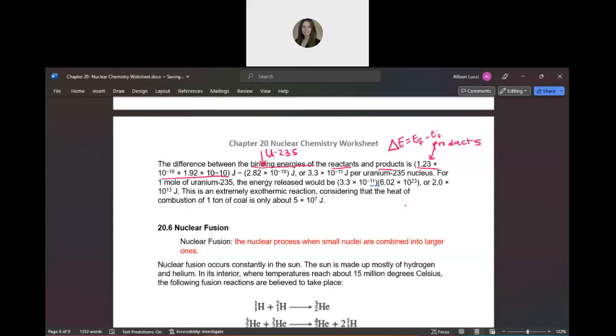For 1 mole of uranium, we found our difference to be this 3.3 times 10 to the negative 11th joules per nucleus.